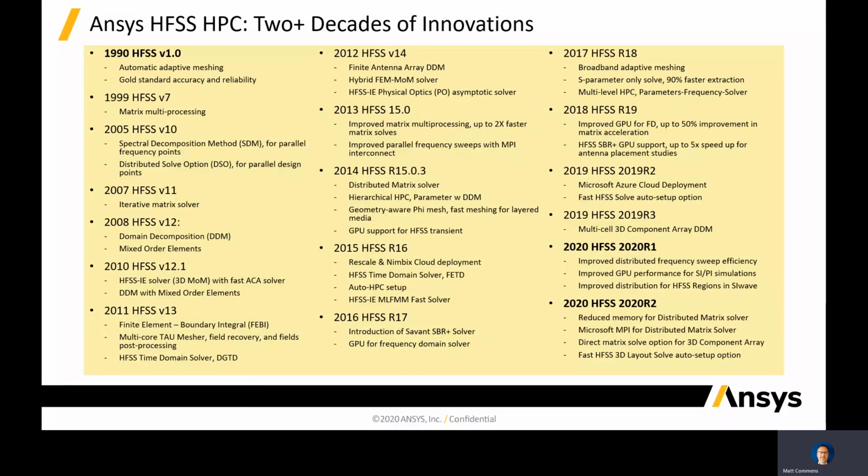Some key ones back in 2014, distributed matrix solver was first introduced. Other interesting ones back in 2008, the domain decomposition method introduced. Ansys and HFSS has been tracking with our customer needs for faster and larger simulations year over year, and sometimes multiple times per year, because it's a constant demand from our customers to solve faster and bigger with HFSS.